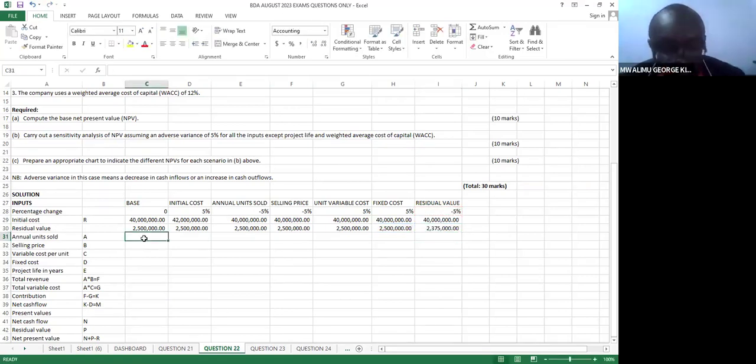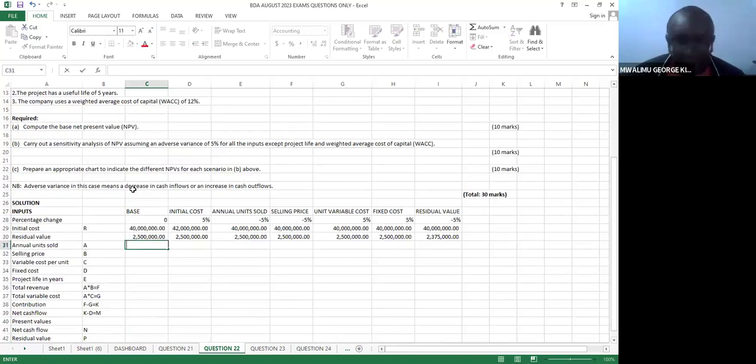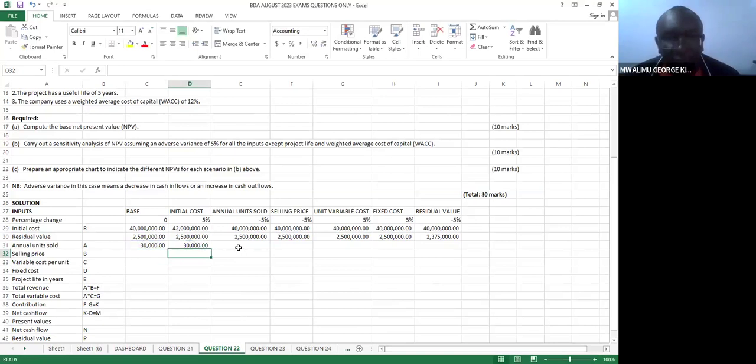Let's go to the annual units. Annual units here we are told is equals to the annual number of units. So this one we cannot pick from the cell. We can't pick, so we just type. It is 30,000. Just 30,000. So this one is equal to this. It's not changing.